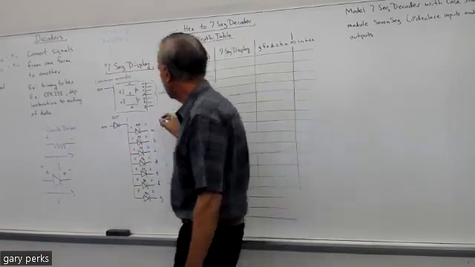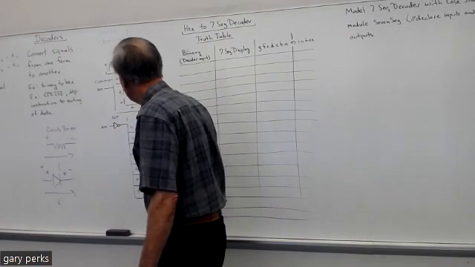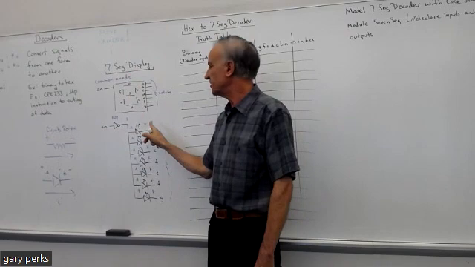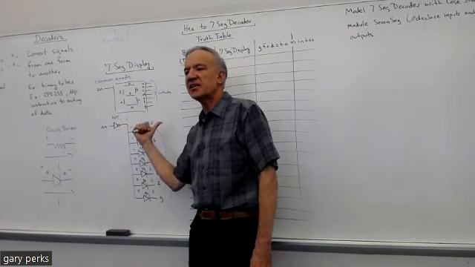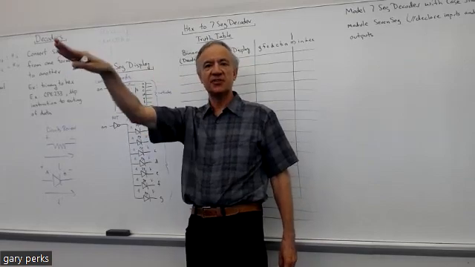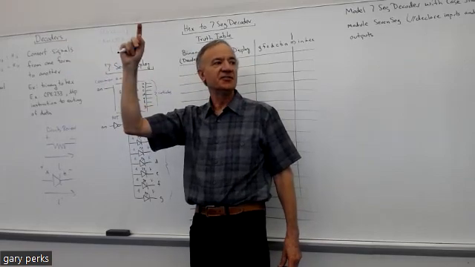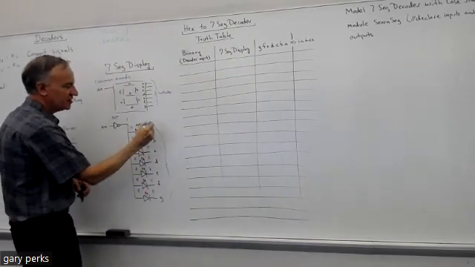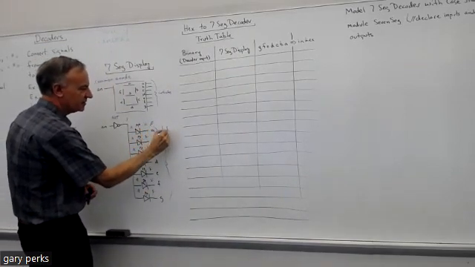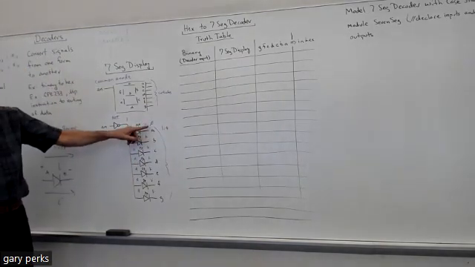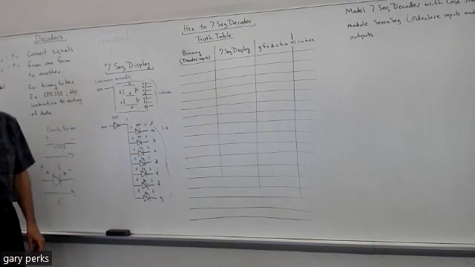Now if I make a cathode a 0, ground, I've got 5 volts on one side and 0 on the other side, so current's going to flow anode to cathode. And when you have an LED that's forward biased with current flowing through it, it's going to give off light. So this would be lit. If I have a 1 on my common anode and I make the cathode of segment A a 0, that segment would light.